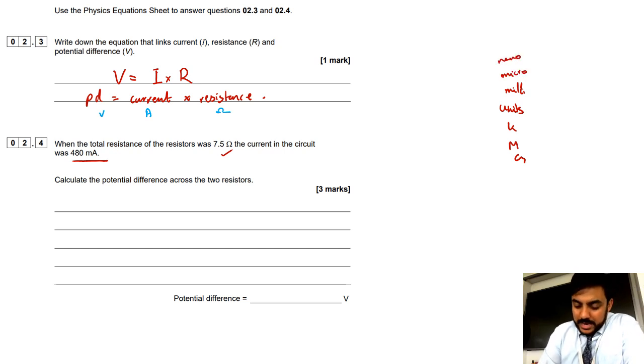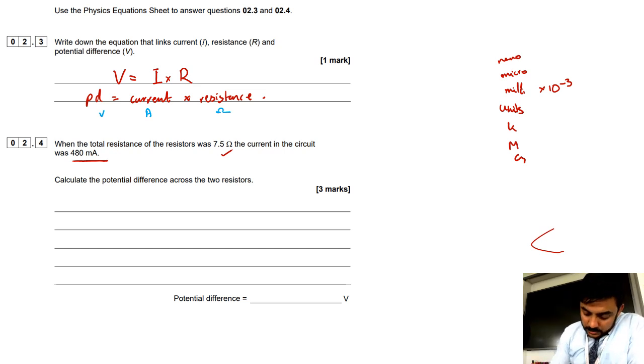Now we're only caring about the milli, which is units times 10 to the minus 3, otherwise divide by 1,000. So the first thing we need to do is do a conversion.